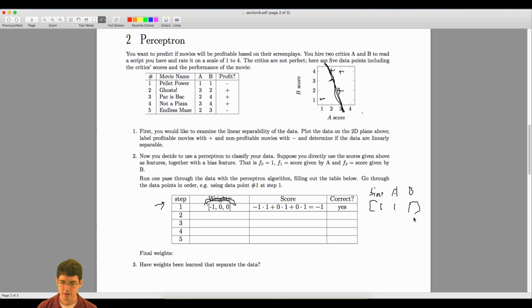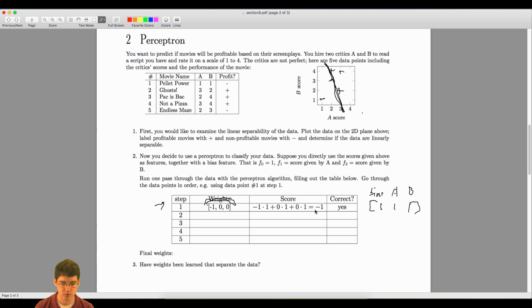So we're going to do a dot product. We're going to say -1 times 1, 0 times 1, and 1 times 0. And of course, that ends up being -1. What we're doing is trying to figure out what answer our current set of weights would give on this point. It gets a -1, so that's saying that it's not going to be profitable.